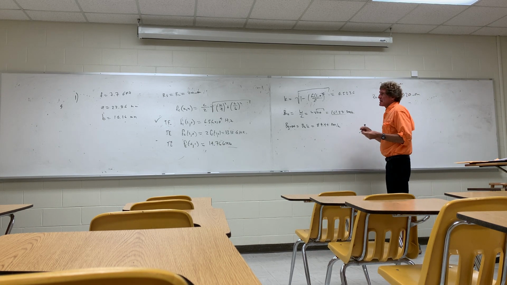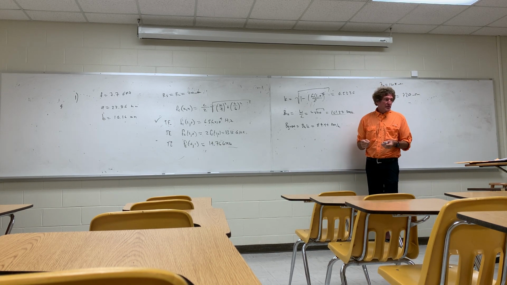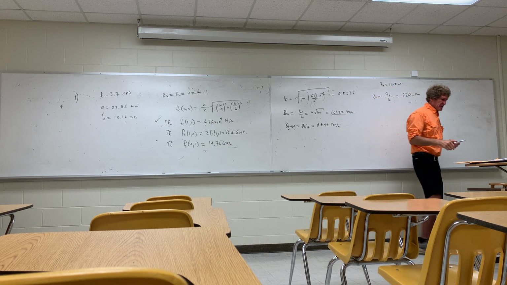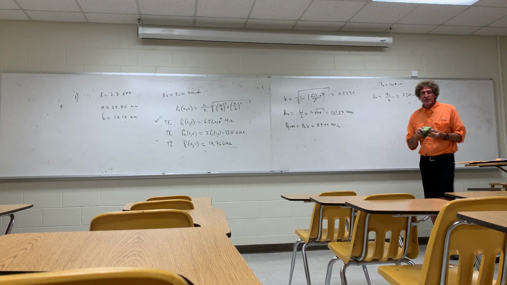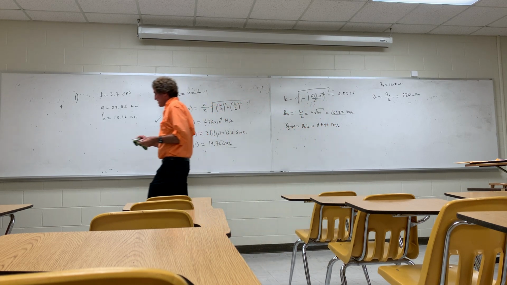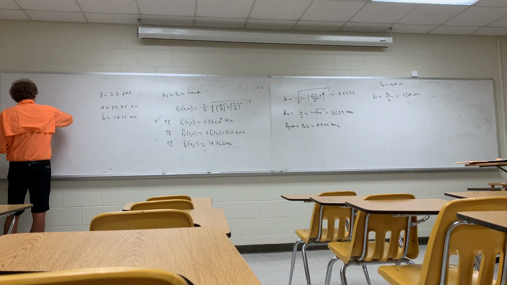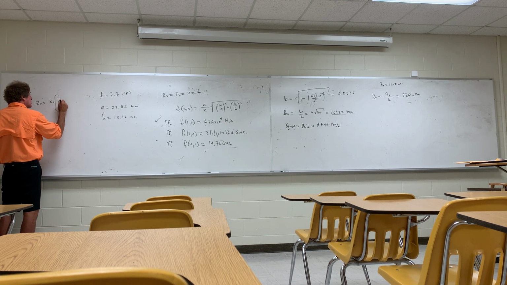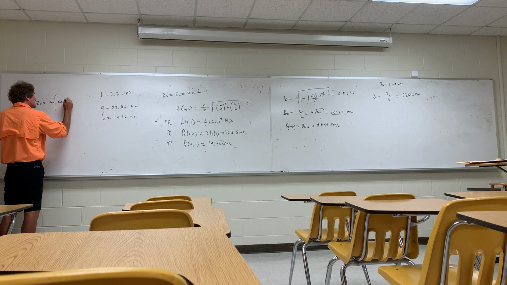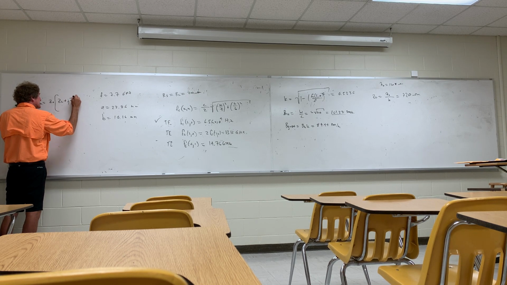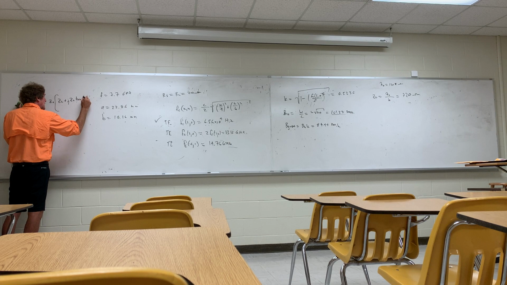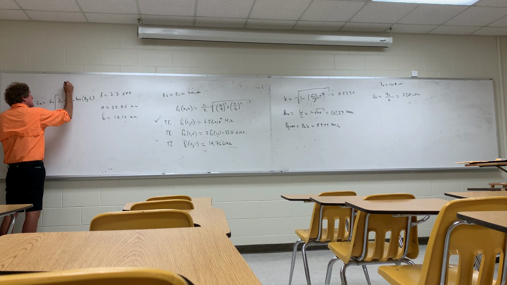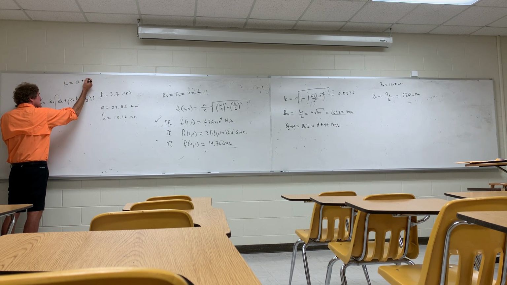All right. Then after that, they wanted the input impedance to the waveguide. I think that's the natural order, right? We're going to need this. So I come over here, and the input impedance to the guide is going to be the characteristic impedance of the guide, times the load impedance, or resistance in this case, plus J times the characteristic impedance of the guide, times the tangent of beta in the guide times L. And L was 0.48 something?